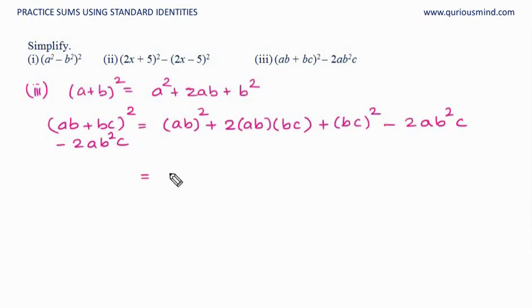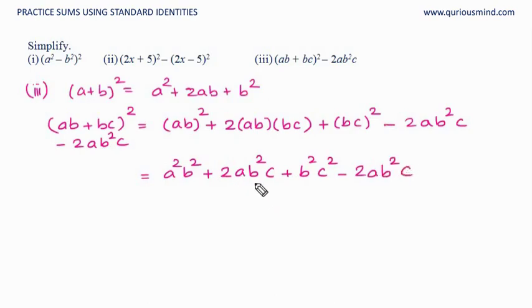So it is equal to ab square is a square b square plus 2 times ab square c, and bc whole square is b square c square, minus 2ab square c.